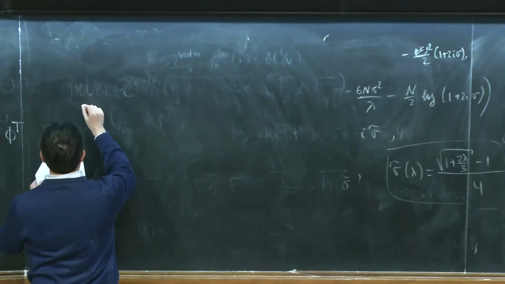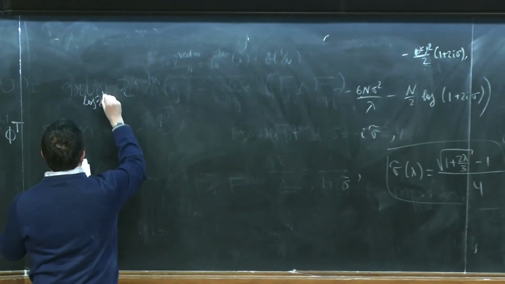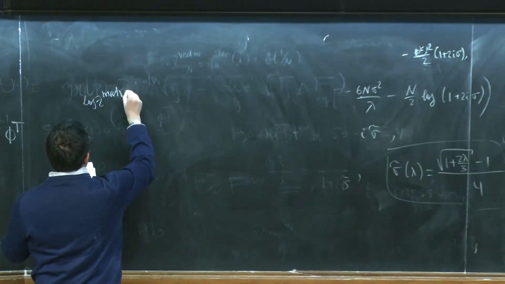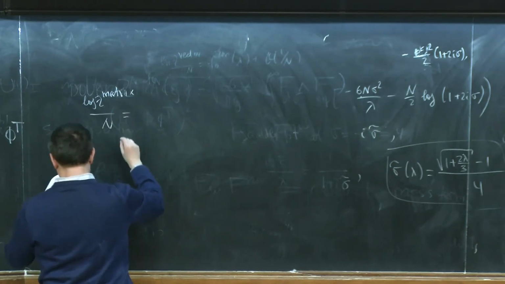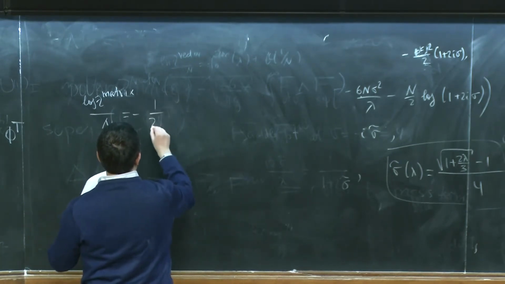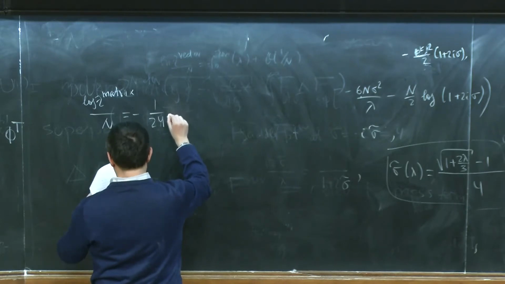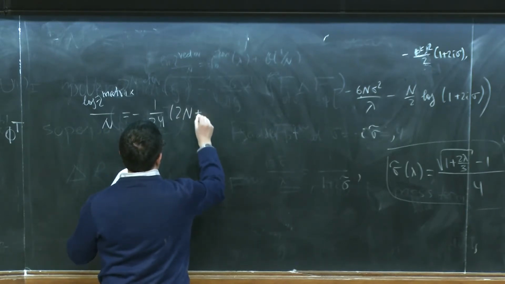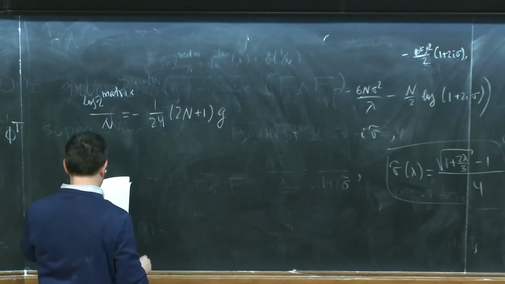But yeah. So log Z matrix over n squared: there is minus 1 over 24, 2n plus 1, g. That's the first graph.